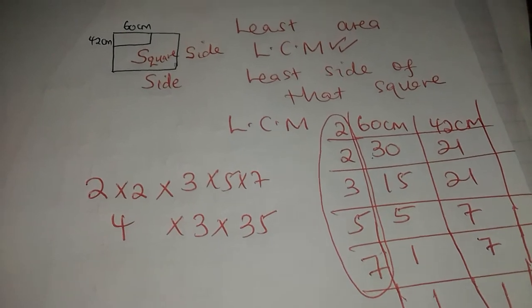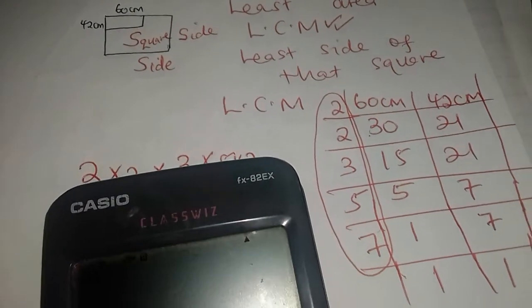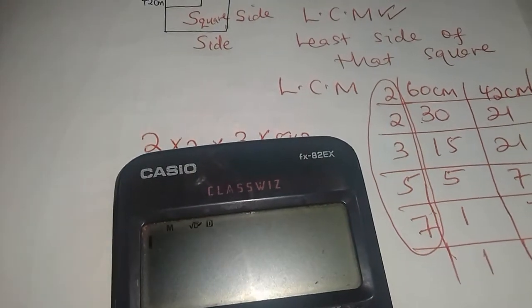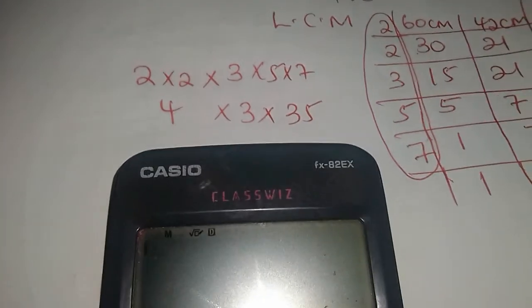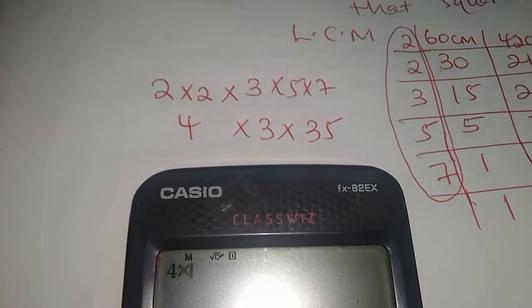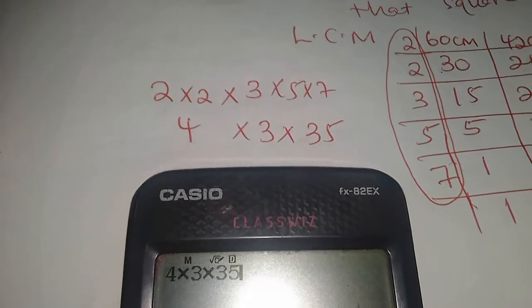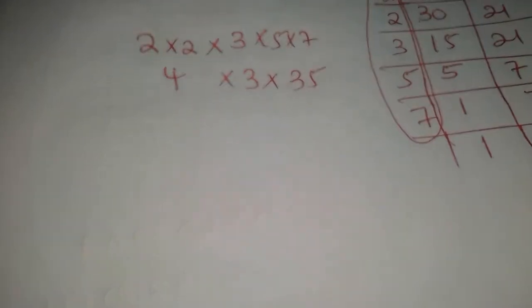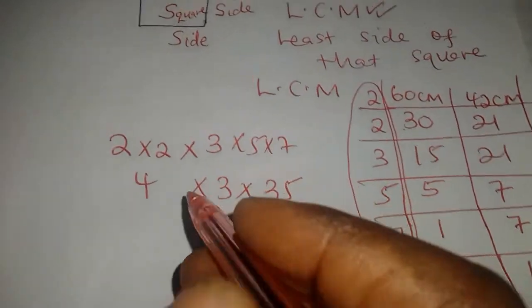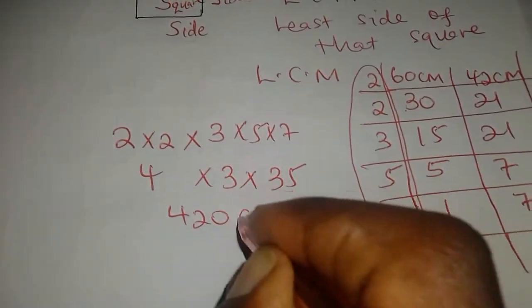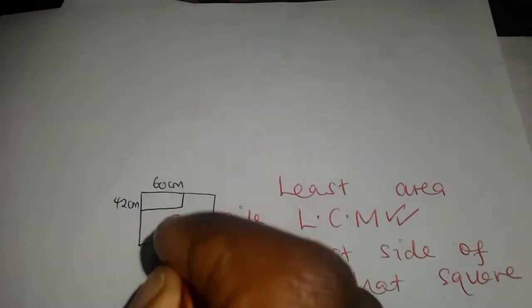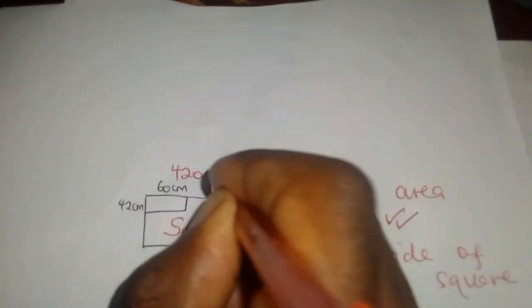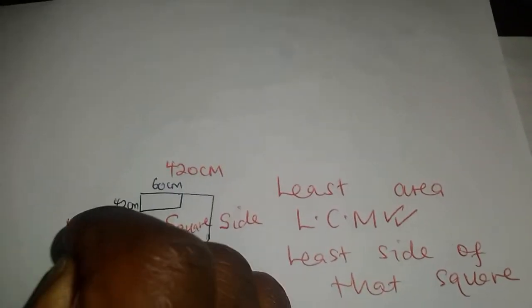I'll use my calculator: 4 by 3 by 35 gives me 420. So the least side of that square is 420 centimeters, and the square measures 420 centimeters by 420 centimeters.